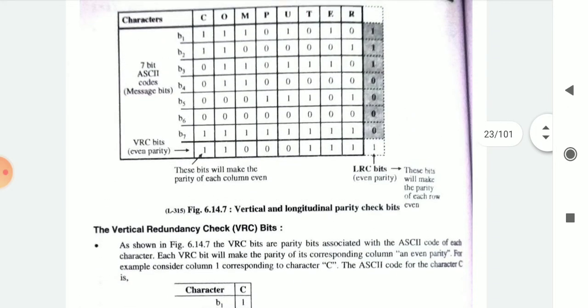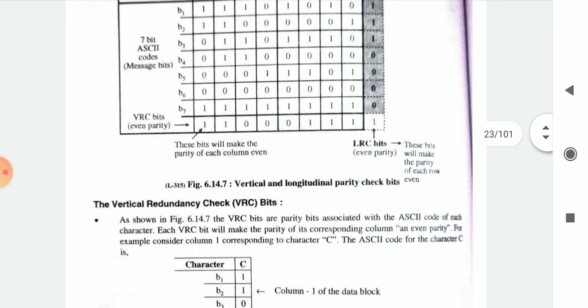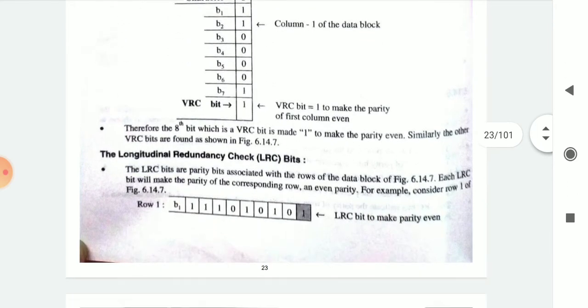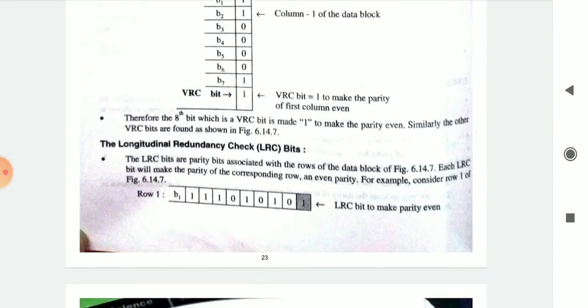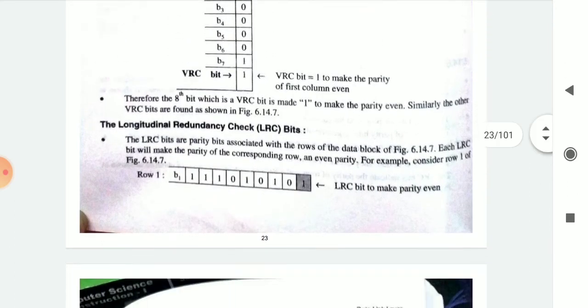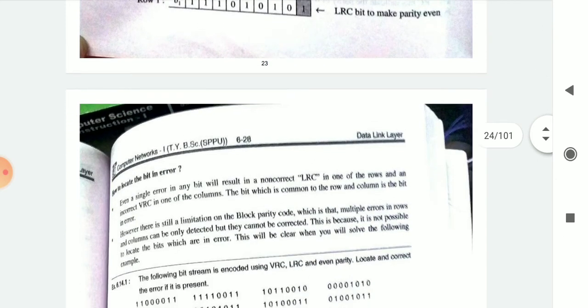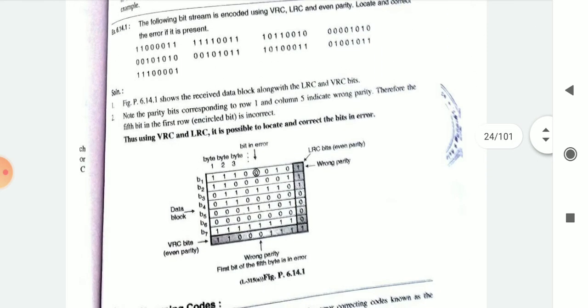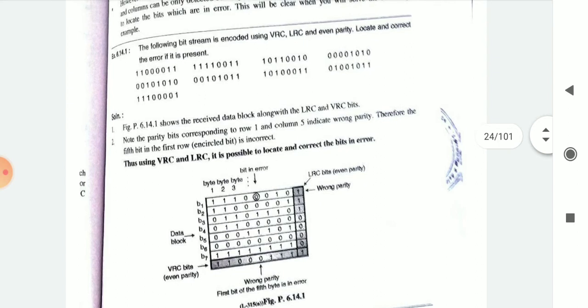There are 7 bits. This is vertical, this is horizontal. The following bit stream is encoded using VRC and LRC. It is vertical and longitudinal with even parity. Locate and correct the errors if any are present.